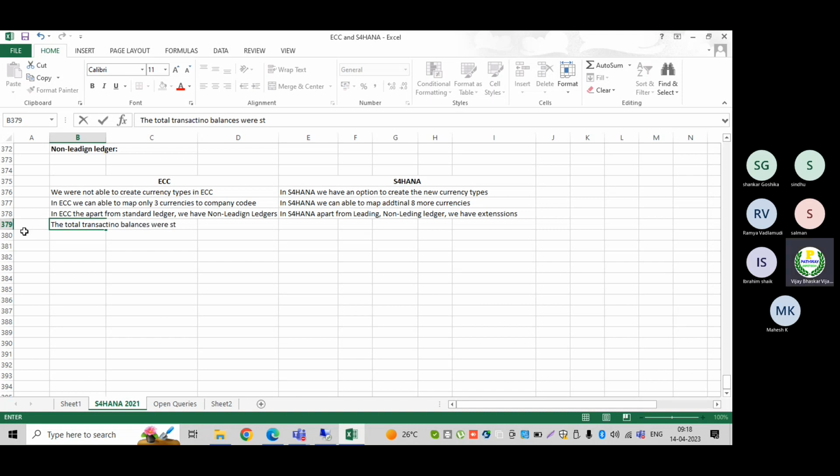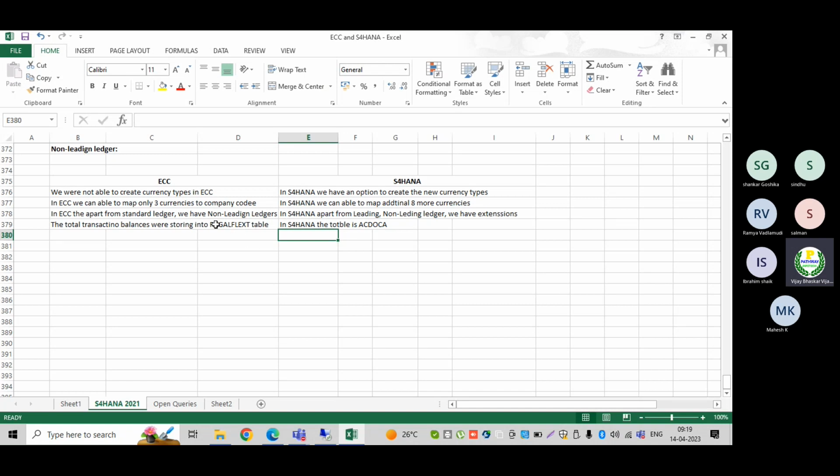Balances were stored in the FAGLFLEXT table, FAGLFLEXA. Remember, this was the table they were using. But now in S4 HANA, the total table is ACDOCA. So the FAGLFLEXA and FAGLFLEXT tables have been completely removed.